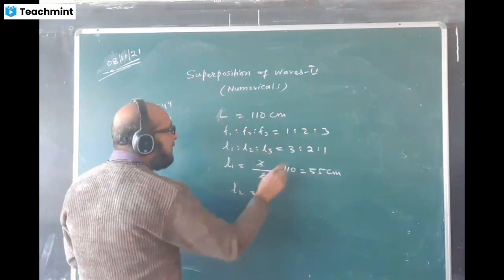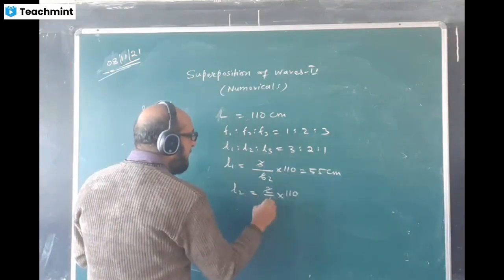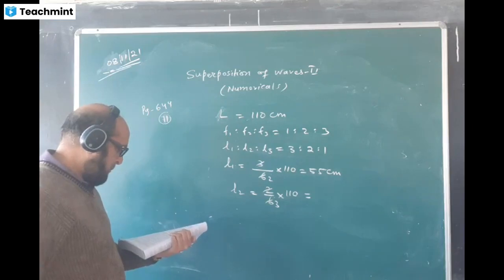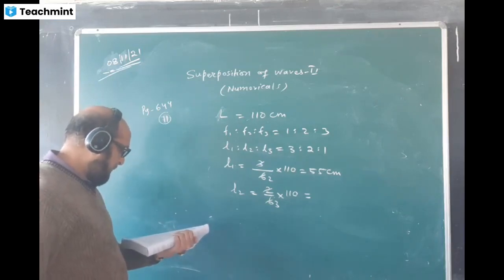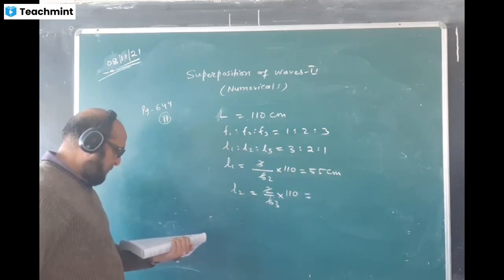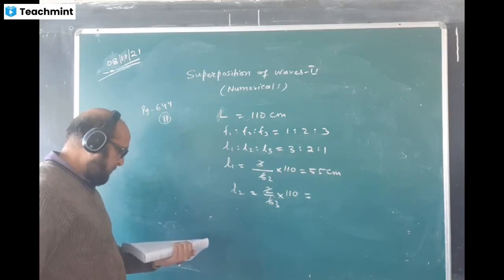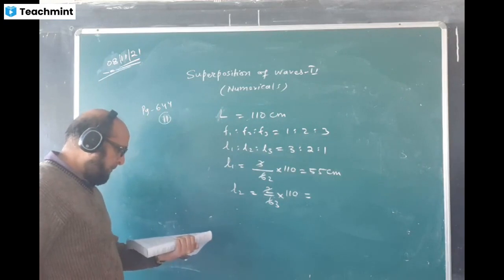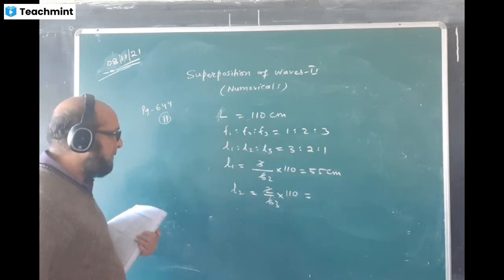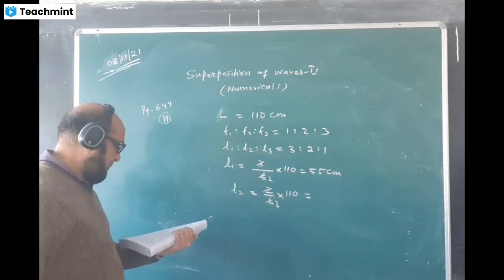Now L2 I will do now. L2 value will come 2/6 into 110. 2 3s are 6, 110 by 3.